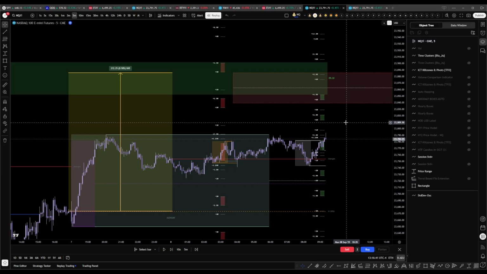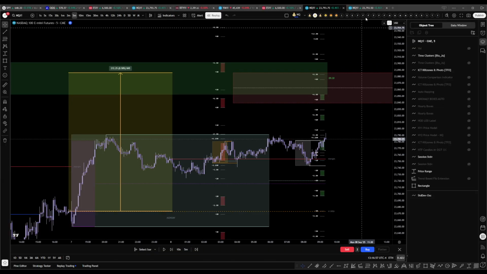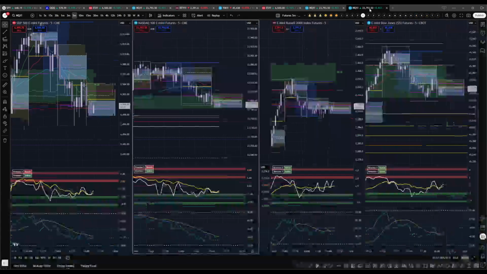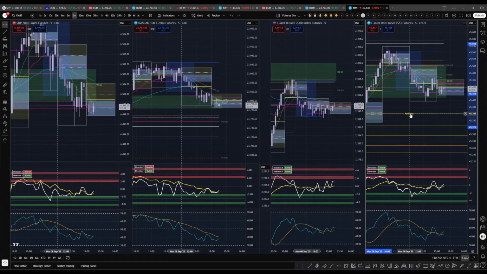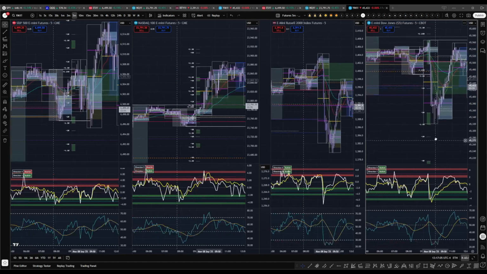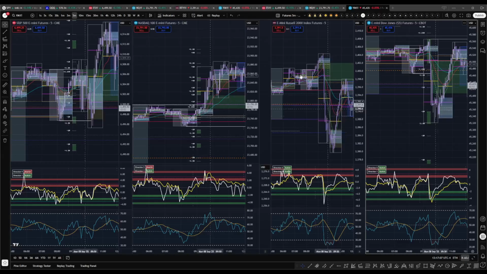Now, at the open, the interesting thing that happens on days where we have these statistical lower areas that we can't get to is that we tend to try to pull into them at the open, but we can't get there. The market gets held. And you know we're trying to pull into them because you can look at other futures. If you look at these other futures, what did they do at the open? They dumped.